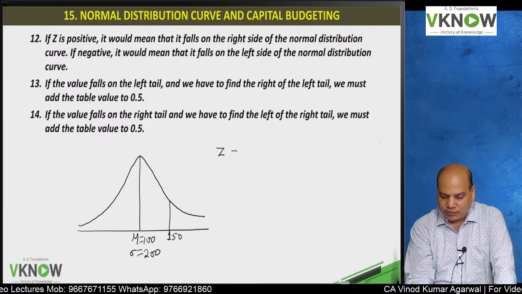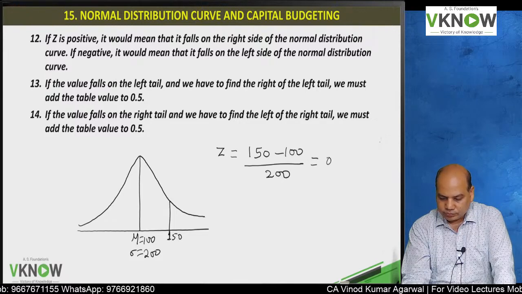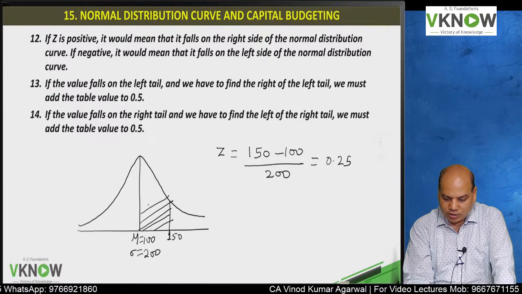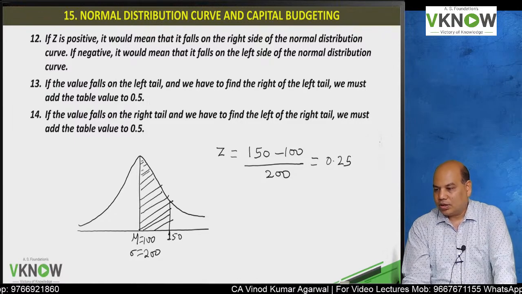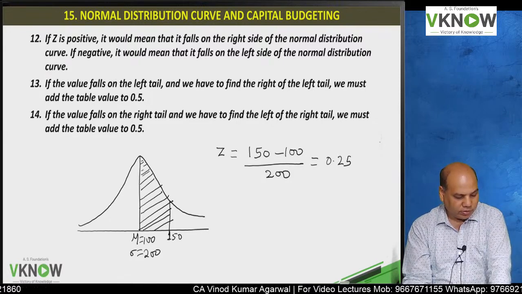To find z, I will take 150 minus 100 divided by 200, say 0.25, positive. If z is positive, it means the number falls on the right side of the mean.